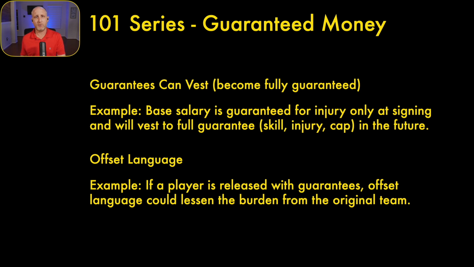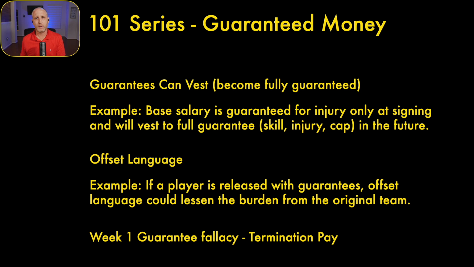He will have earned his $500,000 from Team A, and then he'll earn the difference from the $1.17 million with $500,000 subtracted. That will be paid out by the second team. He wouldn't earn the full $500,000 from both teams. So that's offset. Whatever the difference is, that is what the player will earn. It's very rare to not have offset language out there.